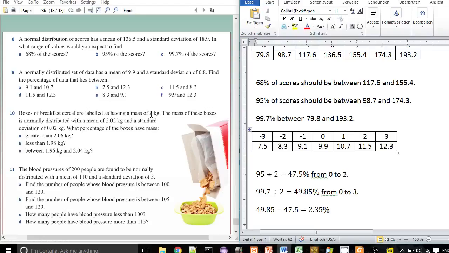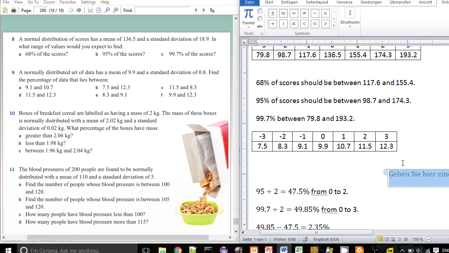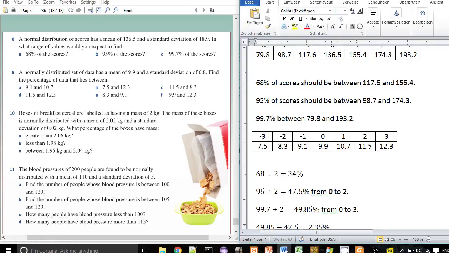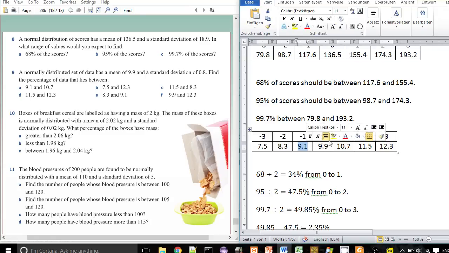8.3 and 9.1. Again, that's tricky. Let's also add here 68 divided by 2 is 34% from 0 to 1. So for 9.1, let's just imagine, between 0 and 1 is 34%, and from 0 to 2 is 47.5.